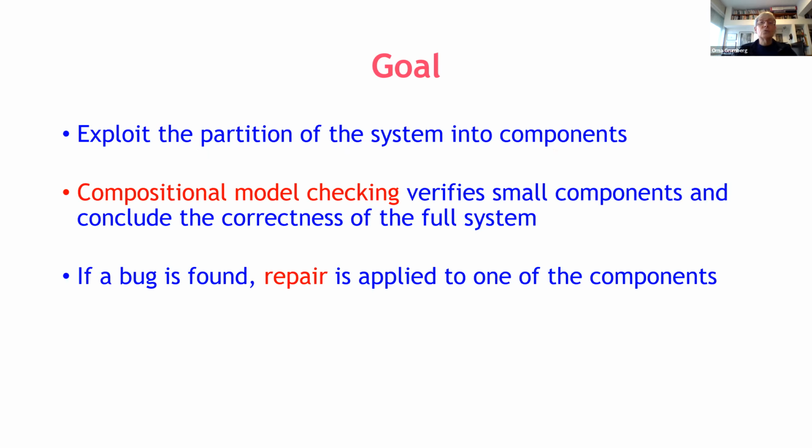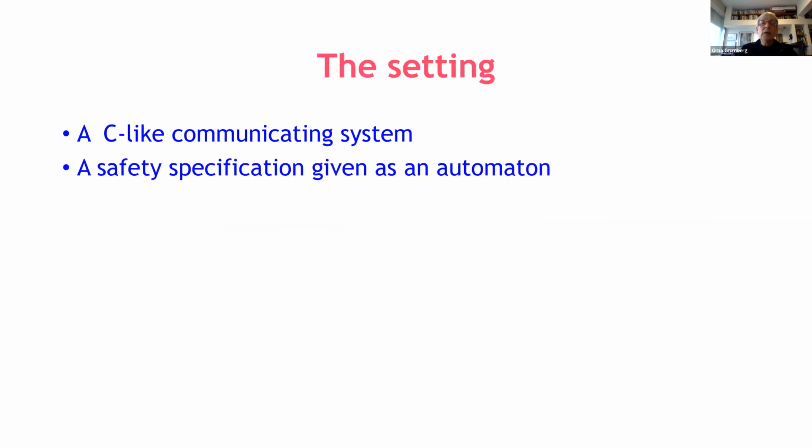What we add on top of compositional model checking is that if a bug is found, then repair is applied to one of the components.